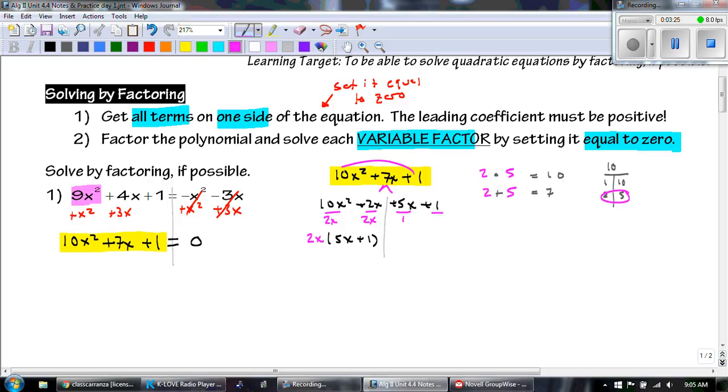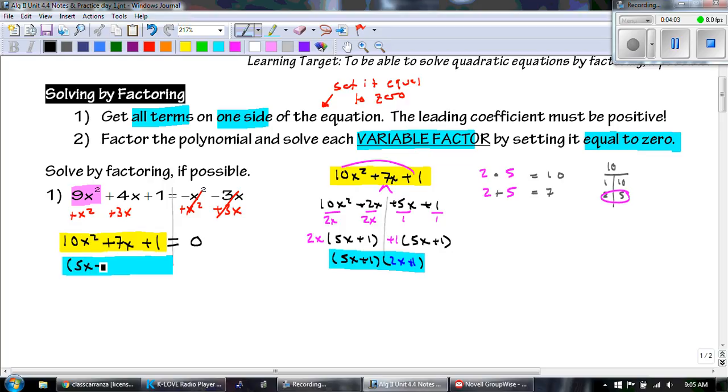And then in the back, the only thing I can take out is a 1, a positive 1, and we're left with 5x plus 1. So my two binomials are 5x plus 1 and 2x plus 1. This is my next step over here, I'm just going to bring that over here.